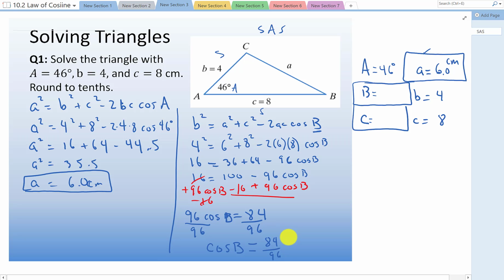So it'll be something smaller than 180, which is exactly what I want for a triangle, angles less than 180. So B will equal the cosine inverse of 84 over 96.